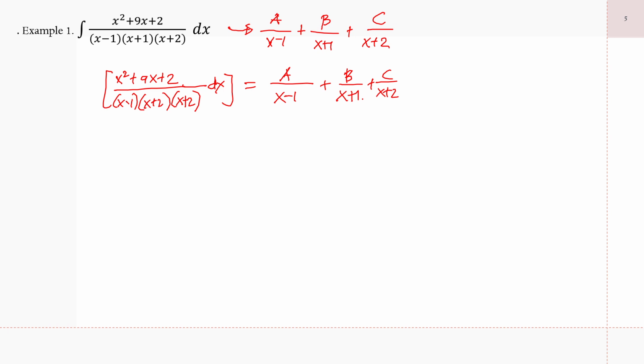The next step is we need to find the values for A, B, and C.